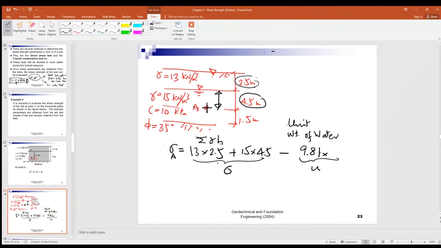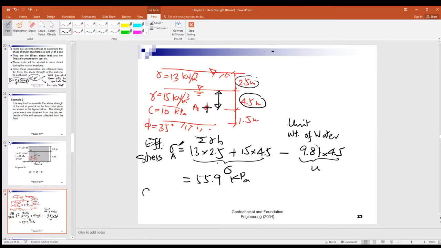What's the depth of the water there? 4.5. Right? So that equals the effective stress. Remember, sigma dash is the effective stress. Equal 55.9 kPa.